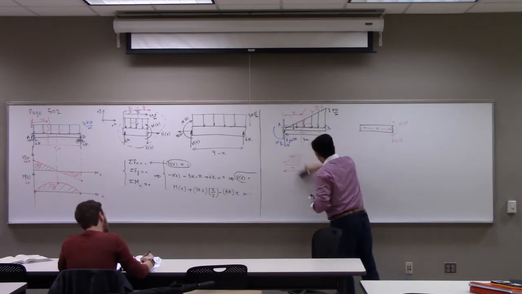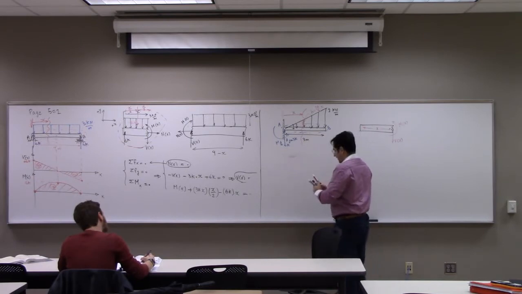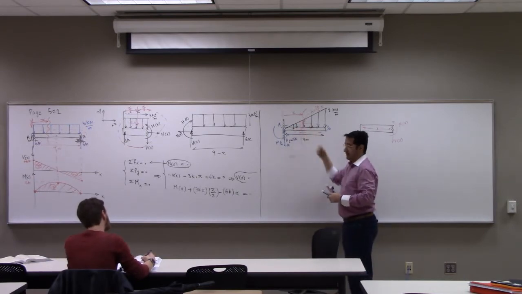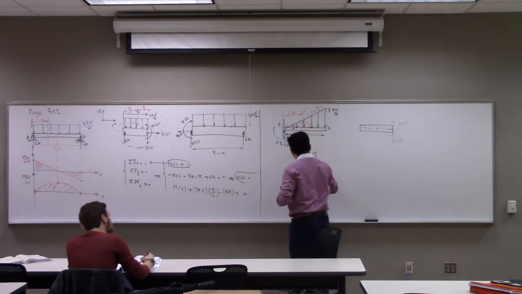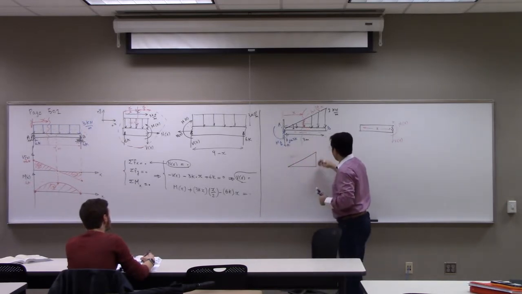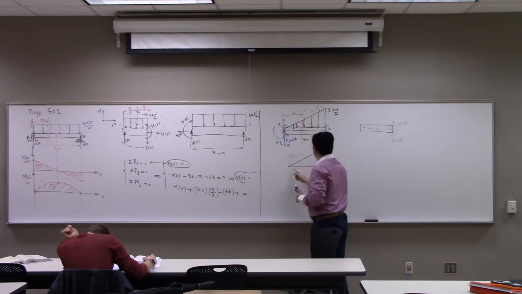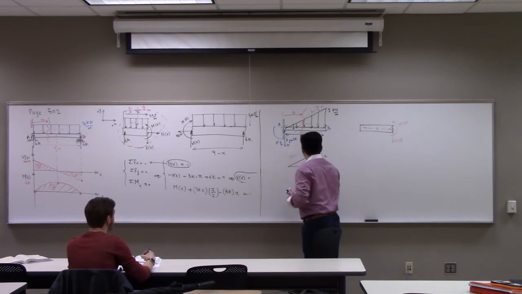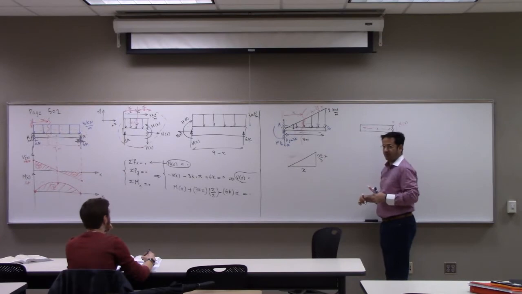Let's open up some space again. Now what is the area under that triangle? You have a little triangle right here one more time. Here the height is 2k divided by 3 times x, and the base is x. What is the area? 1/3 x squared.